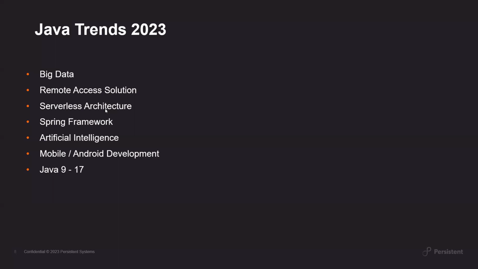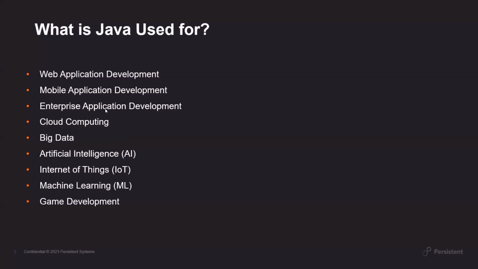So these are the latest Java trends for 2023. And for the career prospects, what Java can be used in or what development can be done in Java. So first we have web app development. Because Java is free to use and a versatile language, it builds localized and distributed software.